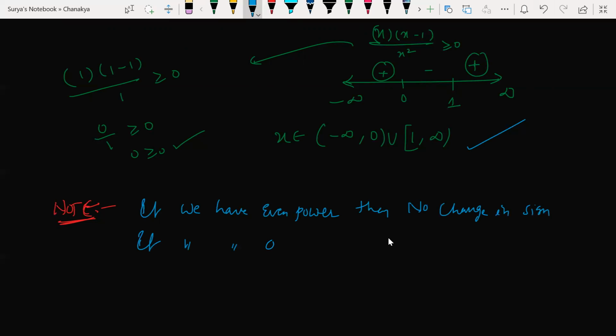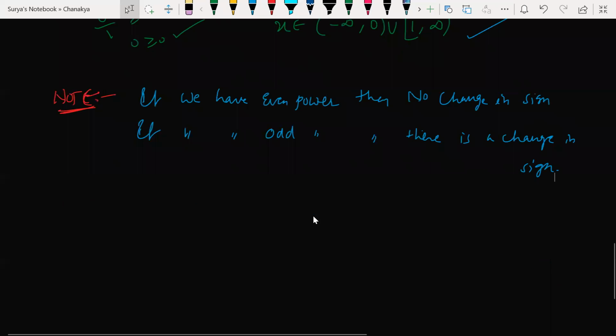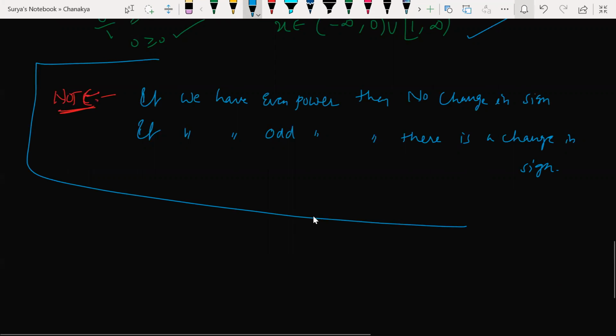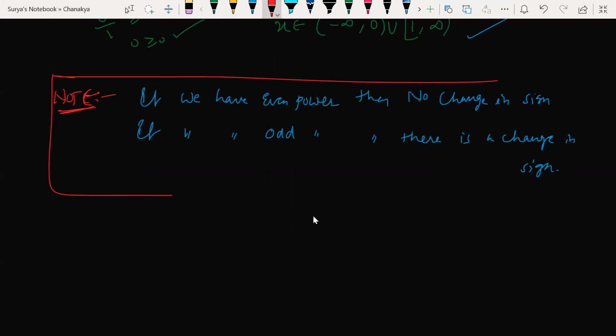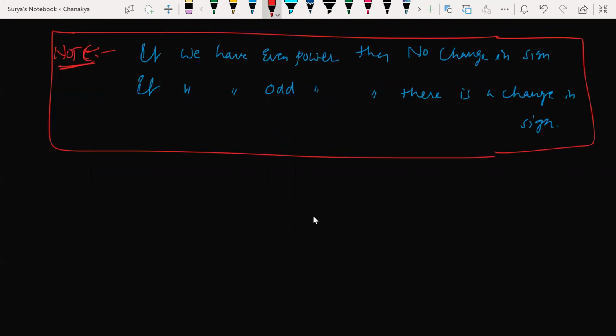If we have odd power, then there is a change in sign. All right. Look at this here. This is a note. Even power, no change in sign. If at all we have odd power, there is a change in sign.